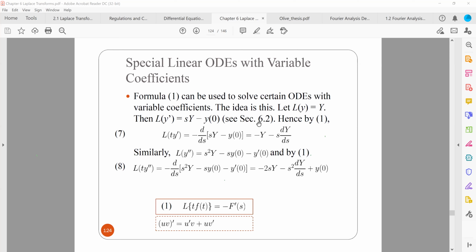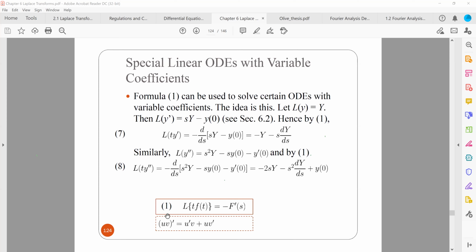Which is y minus s dy/ds. And remember for this one, we said it is equal to this. So the Laplace transform of t y is going to be the derivative with respect to s.